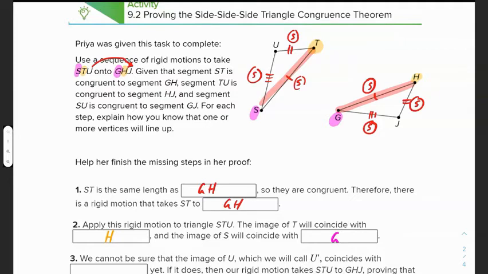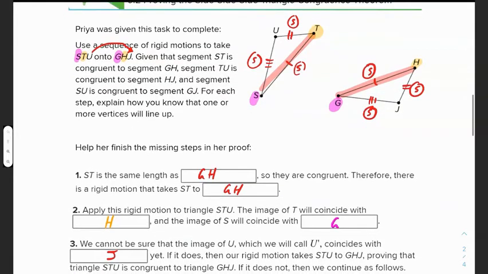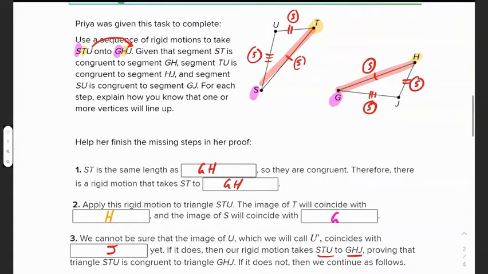So we're pretending that we don't know for sure yet. If it does, then our original motion takes STU to GHJ, proving that these two triangles are congruent, right? If it does not, then we conclude as follows.